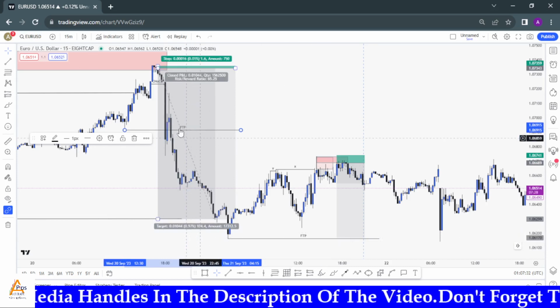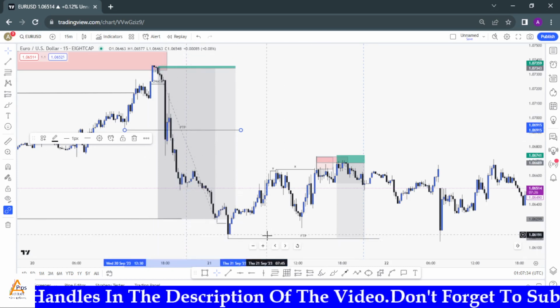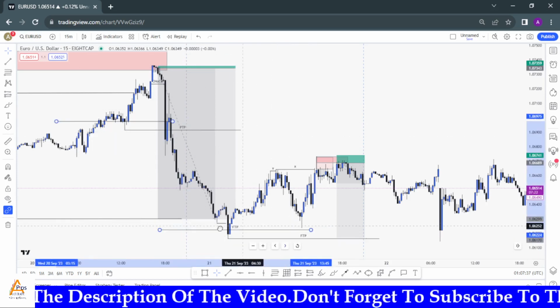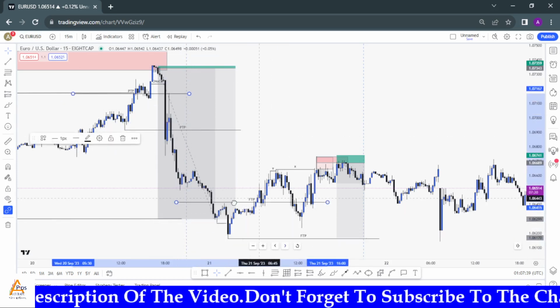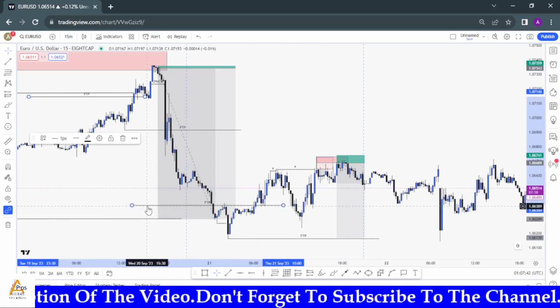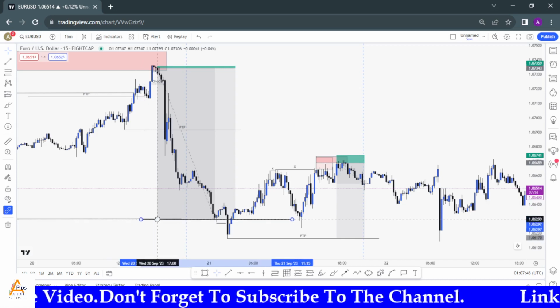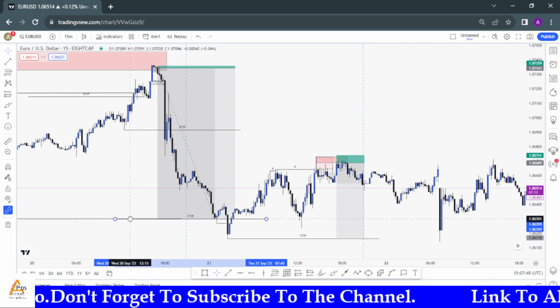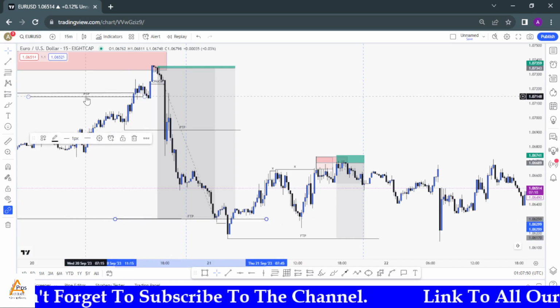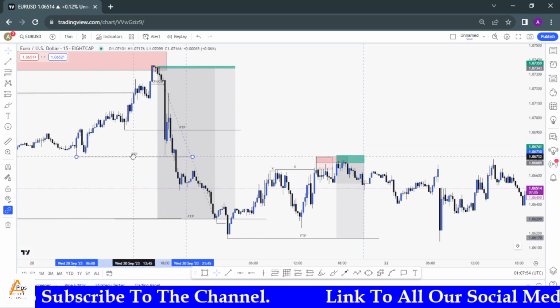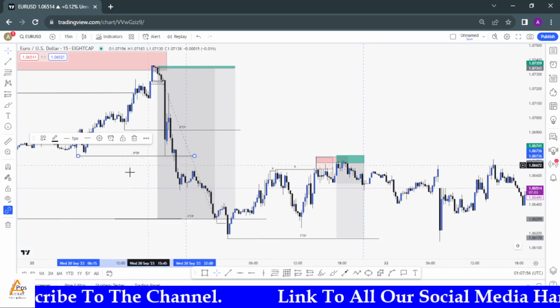FTP is the full TP, and PTP is my partial profit that I take on my trades. There are times I'll take more than one partial profit, depending on my total profit. For instance, on this trade I took partial profit more than once.